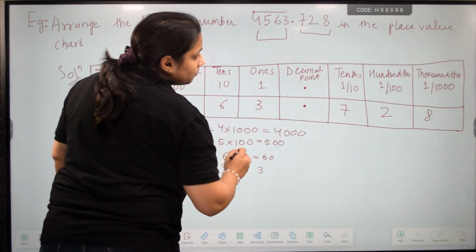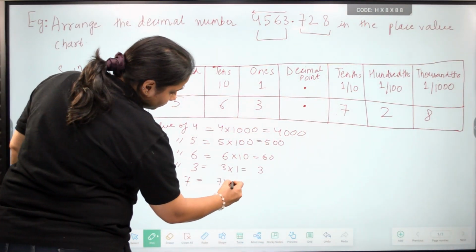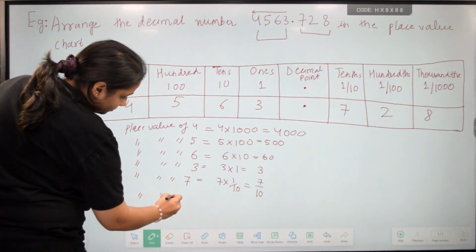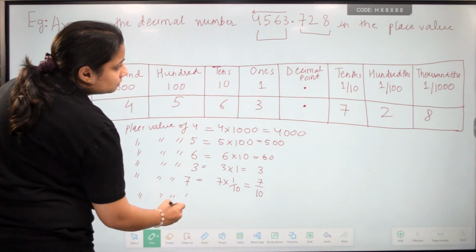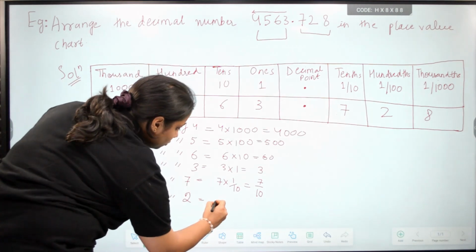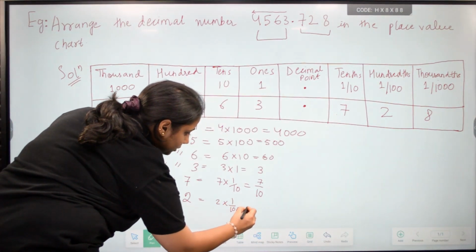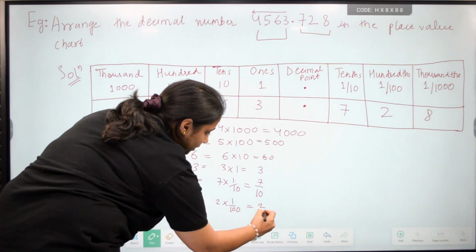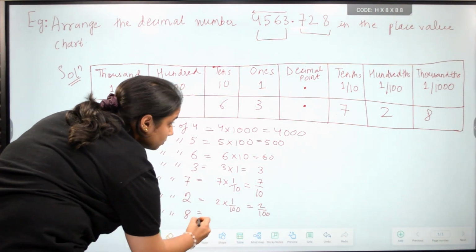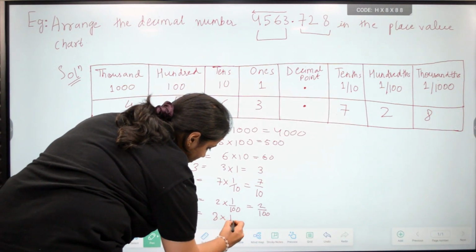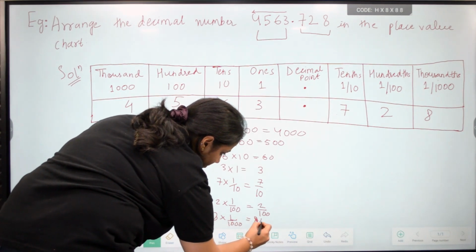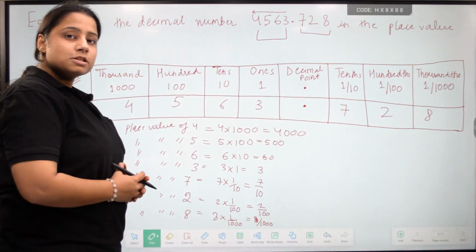Multiply 7 by 1 by 10, it becomes 7 by 10. The place value of 2 is 2 into 1 upon 100, that is 2 by 100. And the place value of 8 is 8 into 1 upon 1000, that is 8 by 1000. So this is how we perform this question.